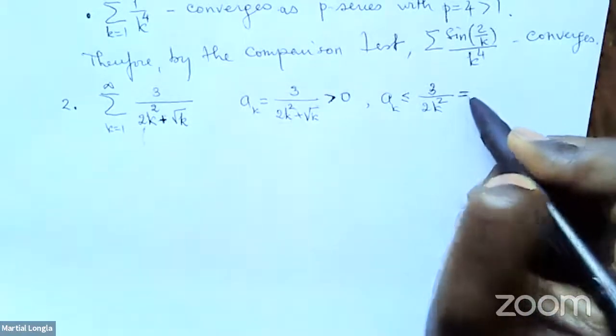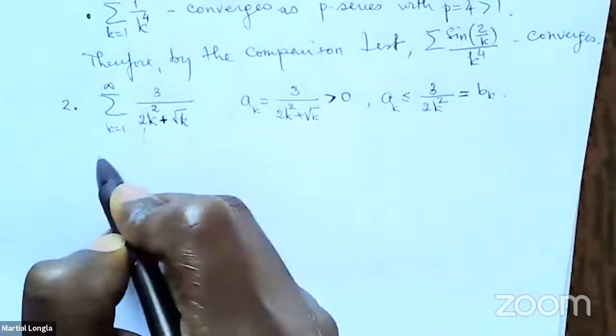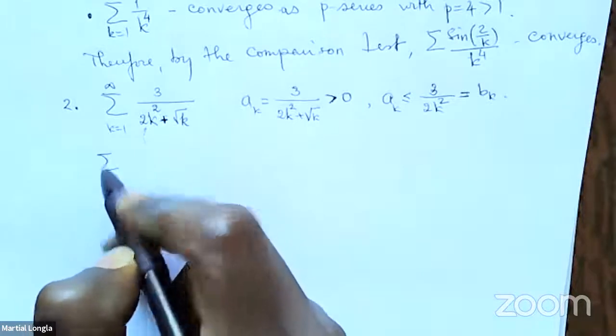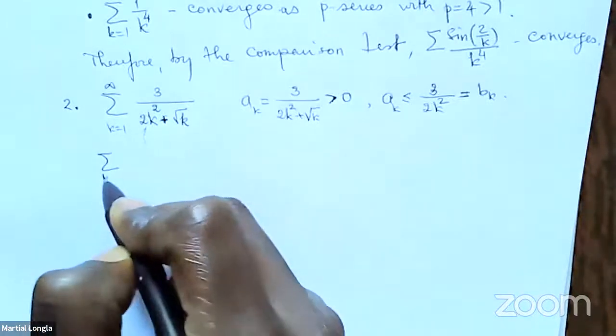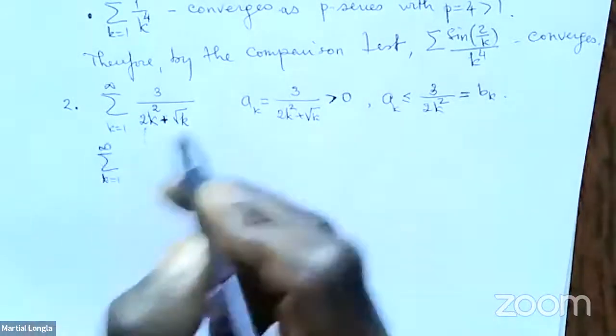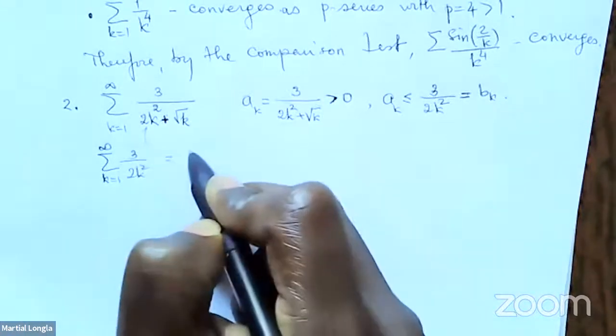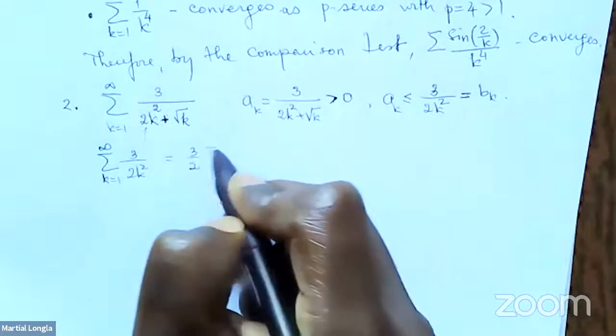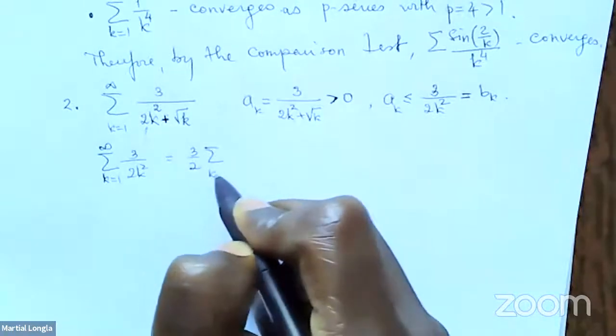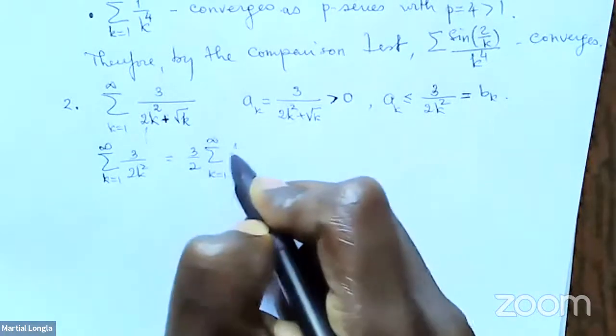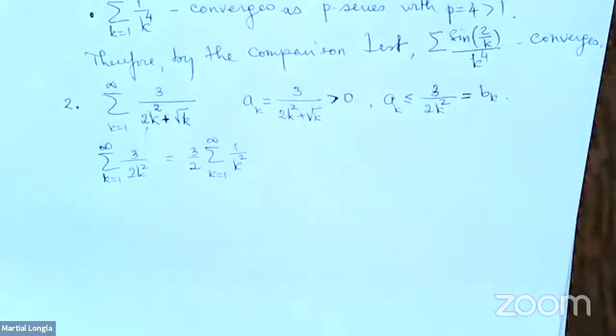You are going to take that as b_k, and then go to another line to show that the sum of b_k's converges, because that's what you want to show. Sum, k from 1 to infinity, of 3 over 2k squared, and this thing is 3/2 times the sum, k from 1 to infinity, of 1 over k squared.